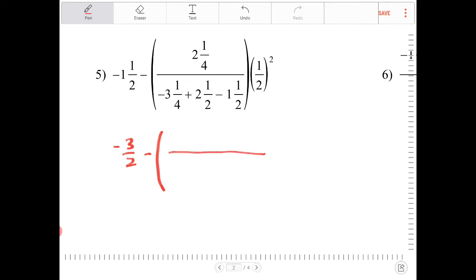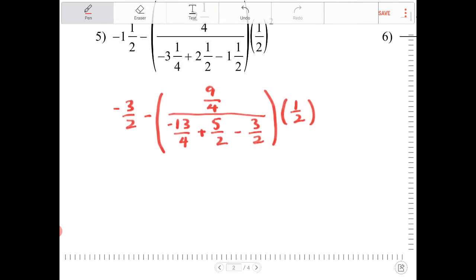And then I have 2 1/4, which is really the same thing as 9/4. And then the denominator here, I am going to convert all those to improper fractions. So this is going to be -13/4, and then plus 5/2, and then minus 3/2, all times 1/2.